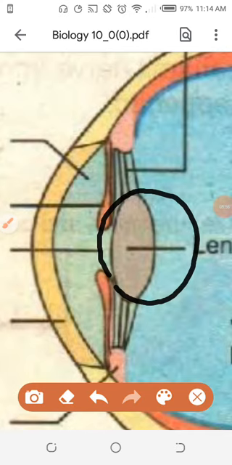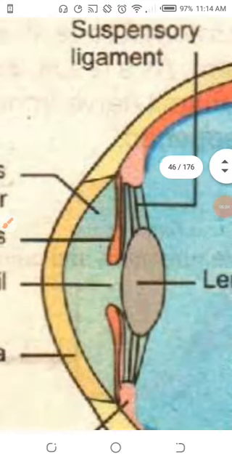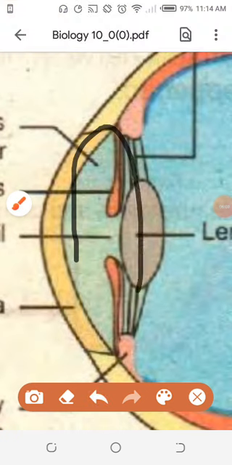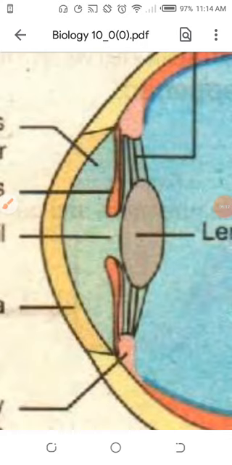When you are watching a distant object, the shape of the biconvex lens will be like this, less convex. This happens due to the ciliary muscles, because the muscles, wherever they are present, contract and relax.